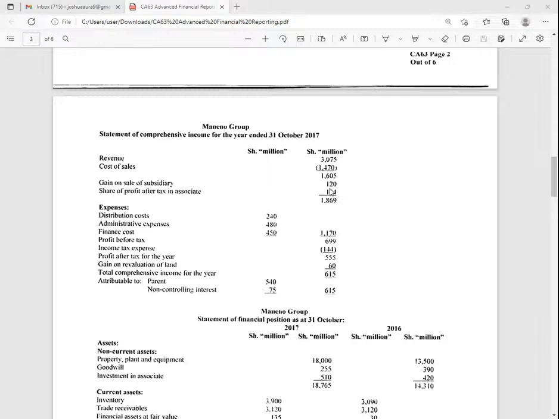So gain on sale of subsidiary, I need to cancel that from my operations. That will go to a different section.